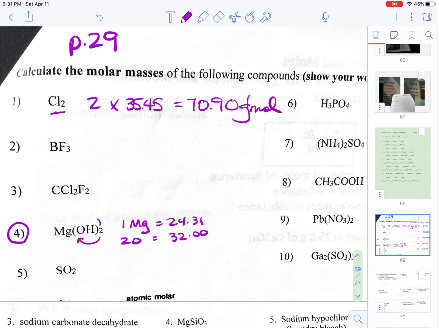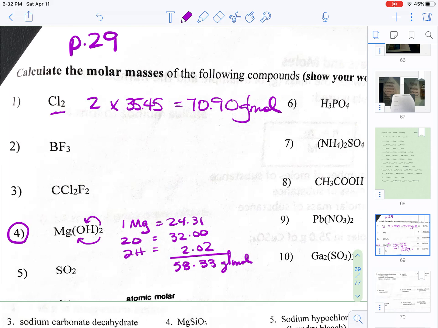There's also 2 hydrogens, and hydrogen is 1.01. 2 times that is 2.02, and as we add those up, we see that it's a total of 58.33 grams per mole, which is the molar mass of magnesium hydroxide.